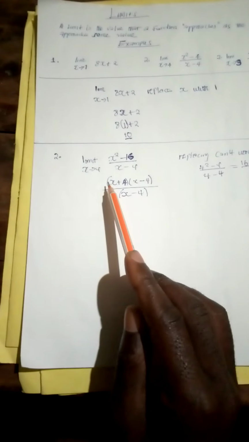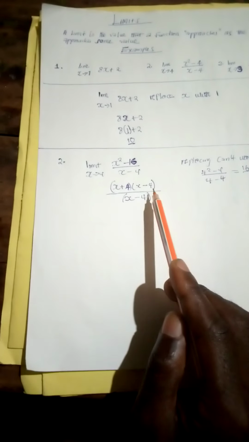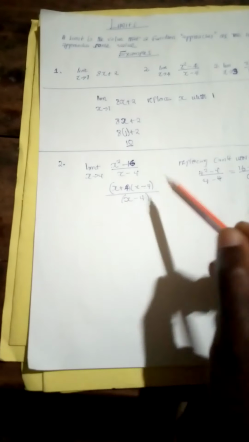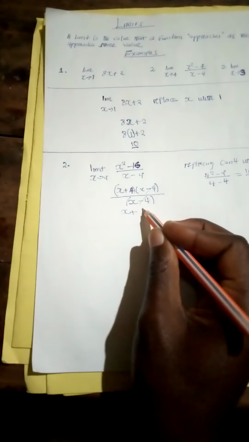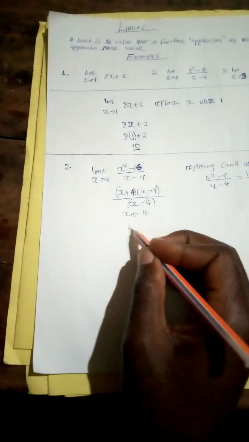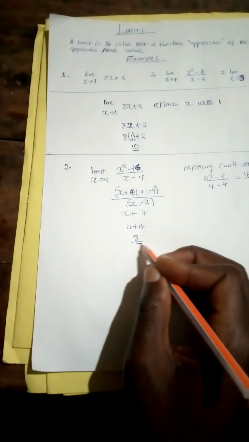So when we convert this to a difference of two squares, we split this one and we're going to have (x plus 4)(x minus 4) over (x minus 4), where this and that can cancel out. What remains is x plus 4. And if we apply the limit where there is x, we put 4 plus 4 and we get 8. Well, now this is well defined.